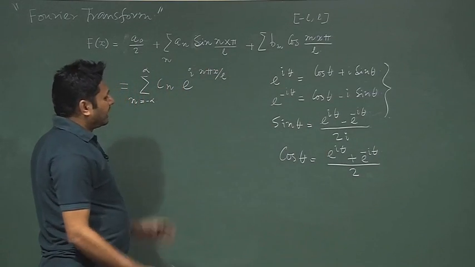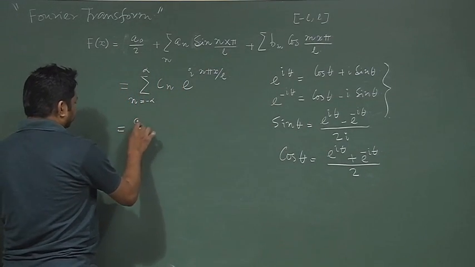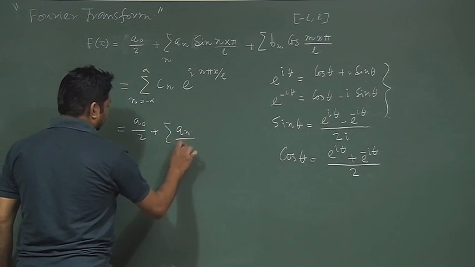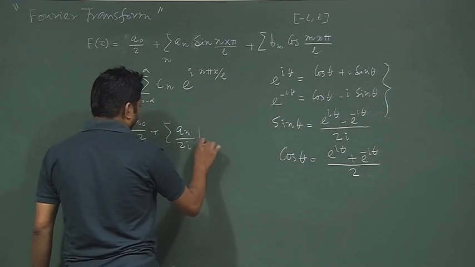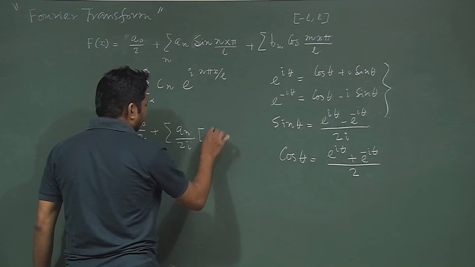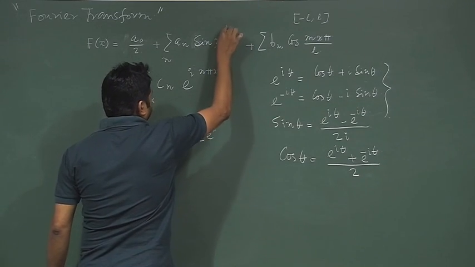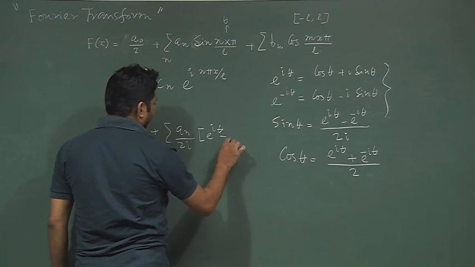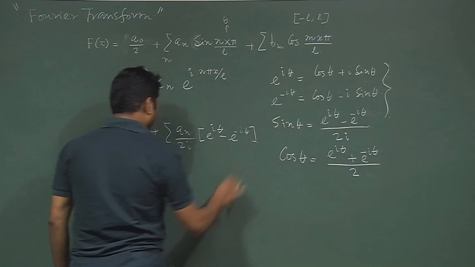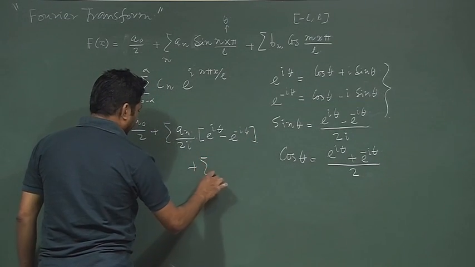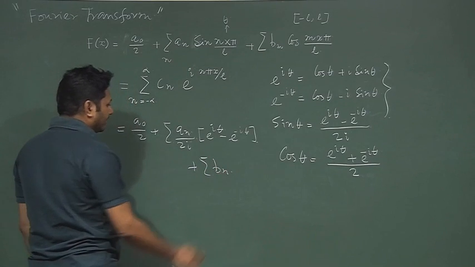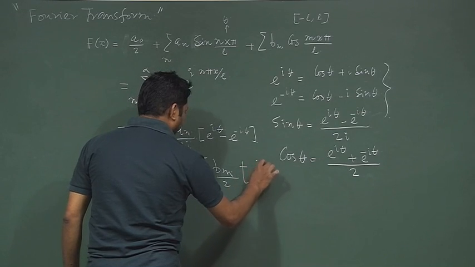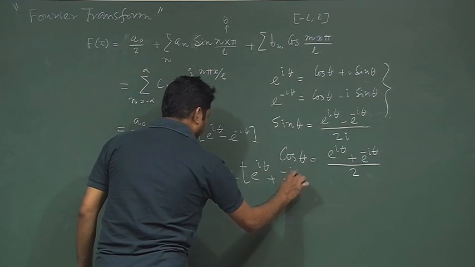After doing that, it will look something like this. Let us call this theta. So, one series with a_n by 2i times e to the power i theta minus e to the power minus i theta, and another series with b_m by 2 times e to the power i theta plus e to the power minus i theta.